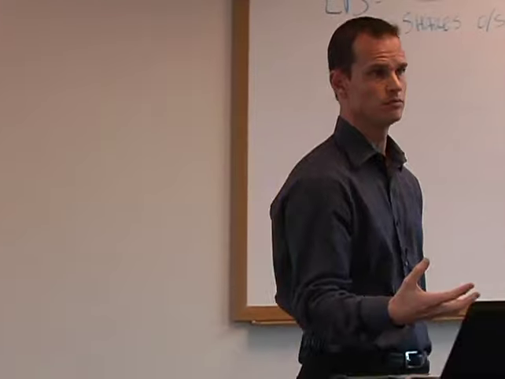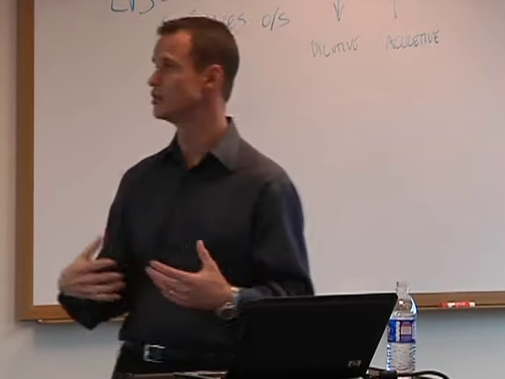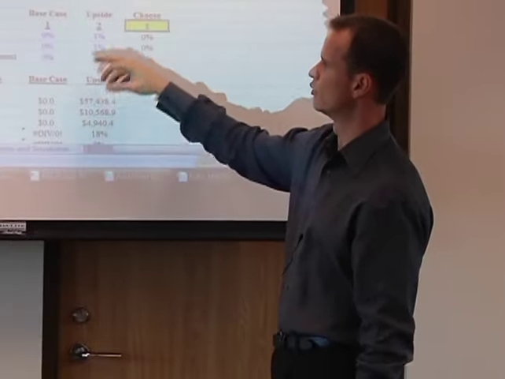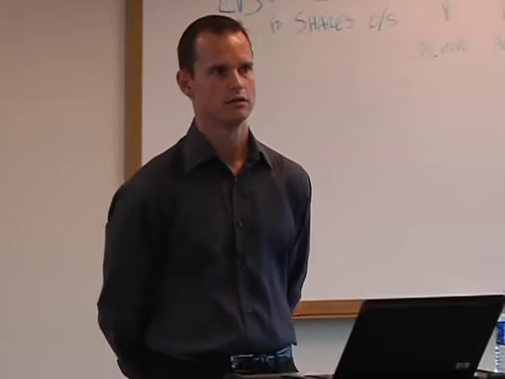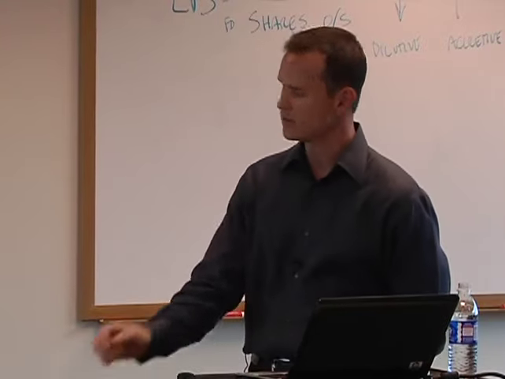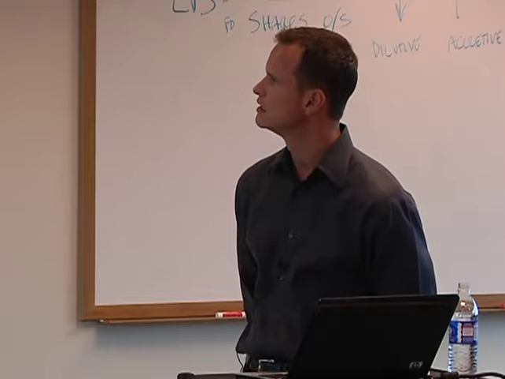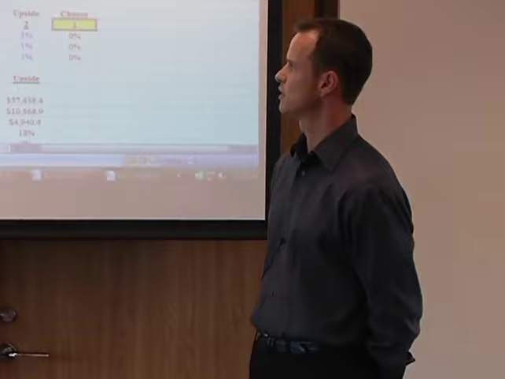So we're going to have the opportunity to run a base case where there are no synergies, or potentially an upside case where we get a 1% improvement in revenue, a 1% improvement in gross margin, a 1% improvement in SG&A. And based on whichever case you choose in cell I-28, that's what the model is going to run.